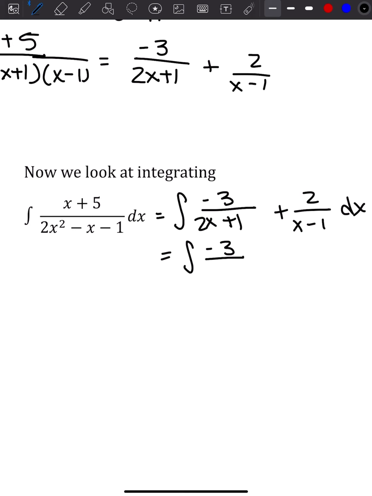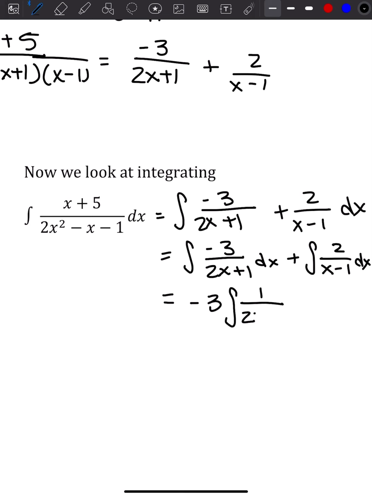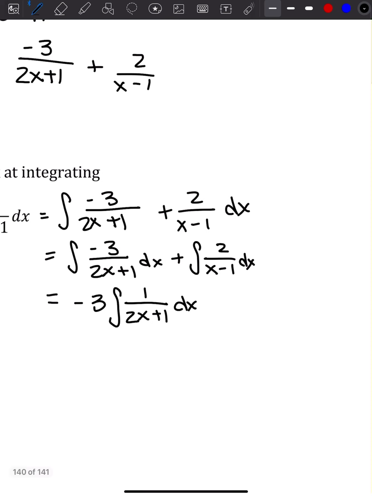So -3 over 2x plus 1 dx plus the integral of 2 over x minus 1 dx. I'm going to pull out any constants to make it a little bit easier: -3 times the integral of 1 over 2x plus 1, and 2 times the integral of 1 over x minus 1.